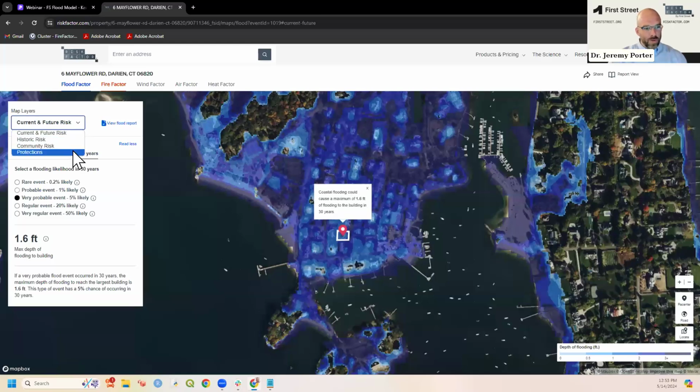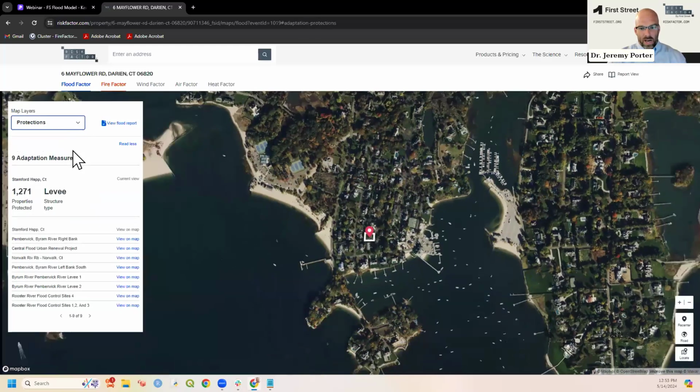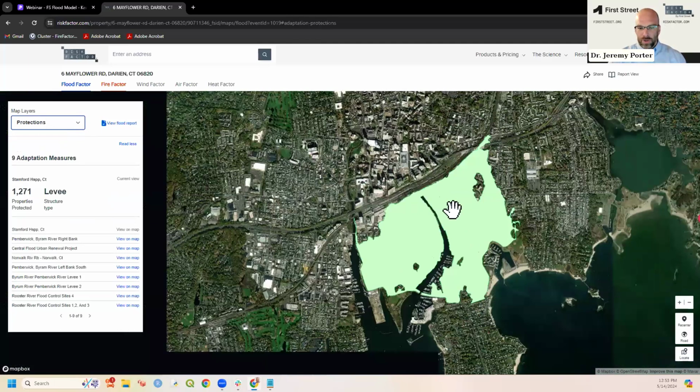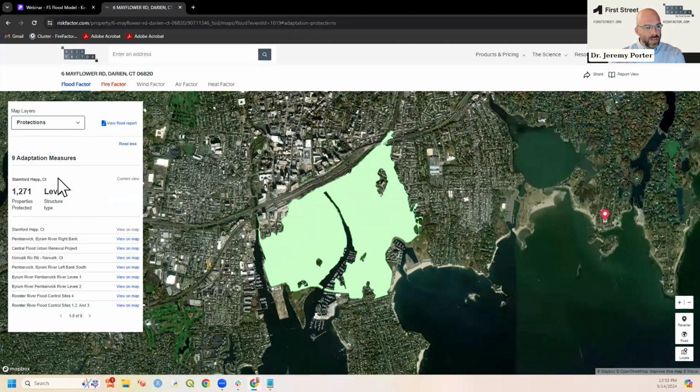We also have flood protections. This is a new feature that we're now visualizing on the site. We'll highlight the levees, the seawalls, the pumps, anything that's proximate to this property. You can see here that there's a levee in Stamford that protects about 1,300 properties in the area of this home.